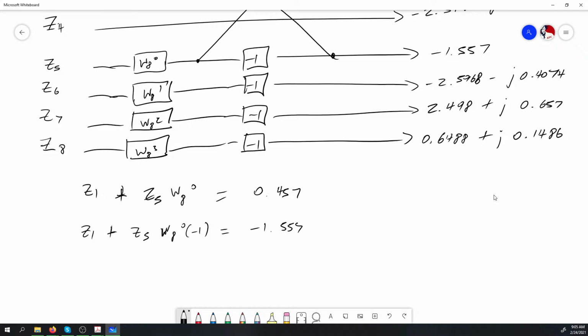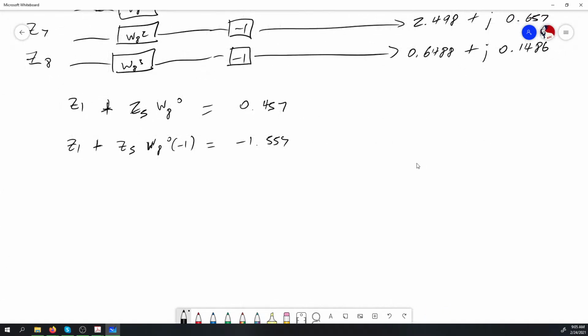And we see here we basically have a simultaneous equation to solve. So I'm just going to extrapolate these out to make them a little more simple. So this is going to be Z1 plus Z5 equal to 0.457, and then Z1 minus Z5 equal to minus 1.